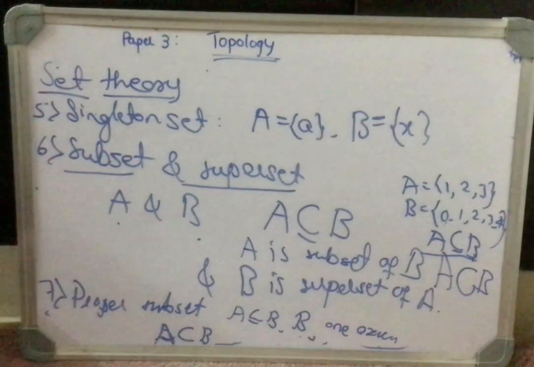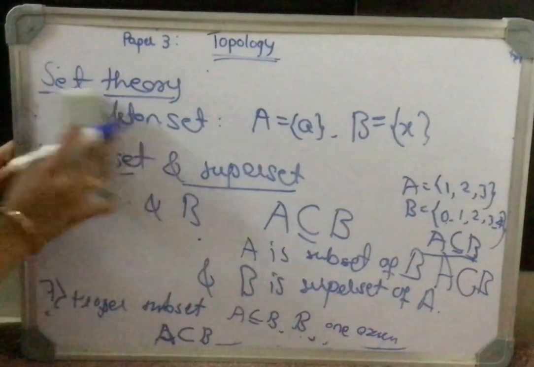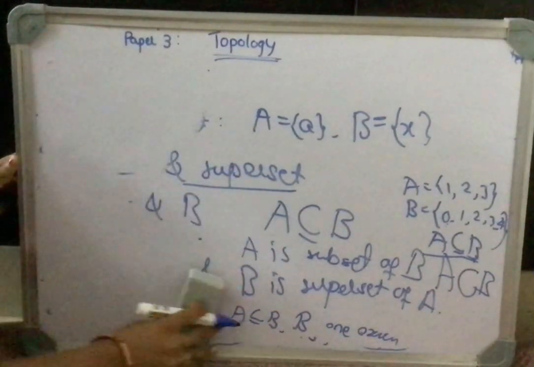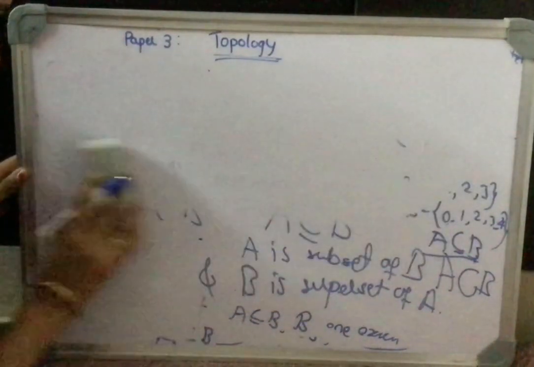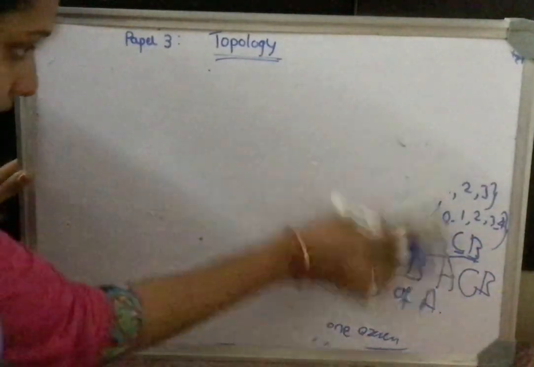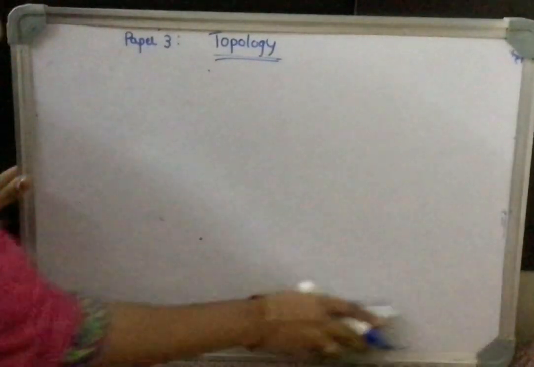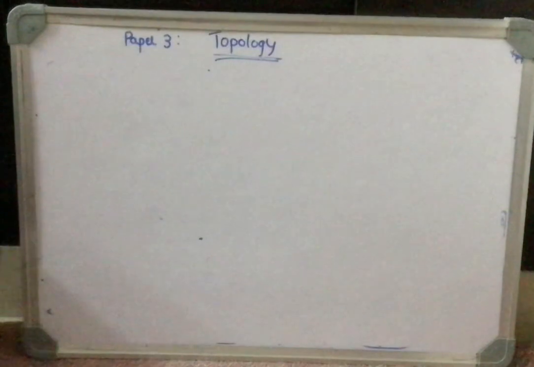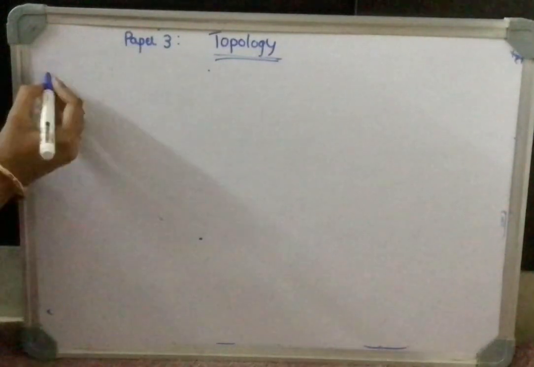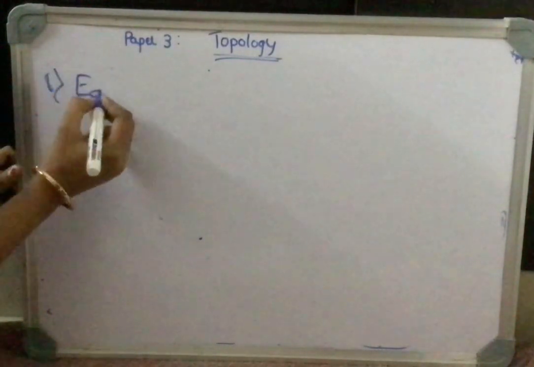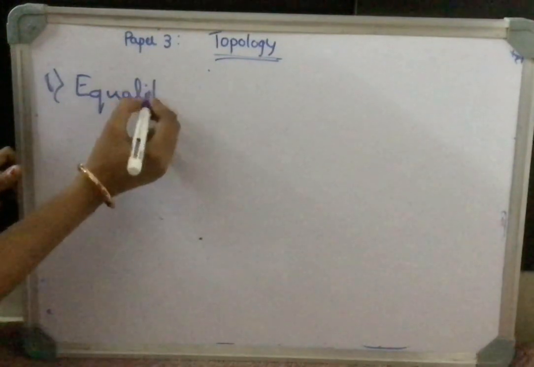Next is equality of sets. When you say two sets are equal, if every element of A is in B and every element of B is in A, then the given sets are equal.